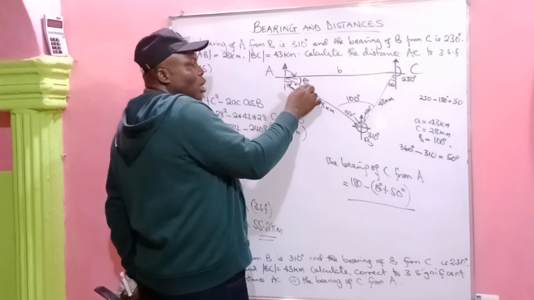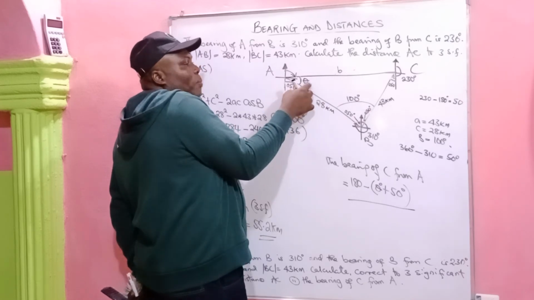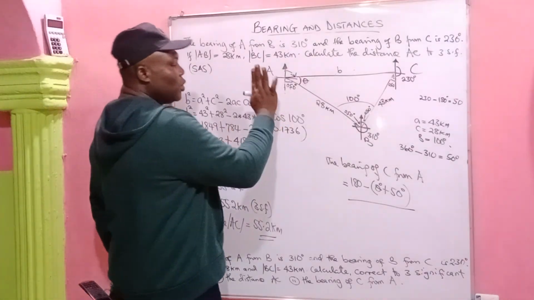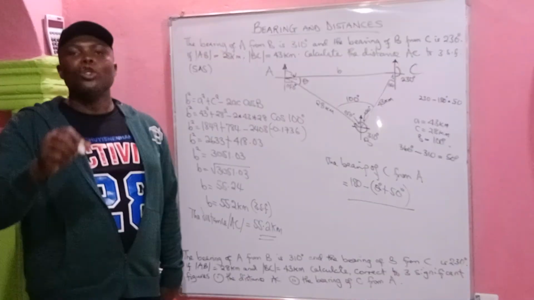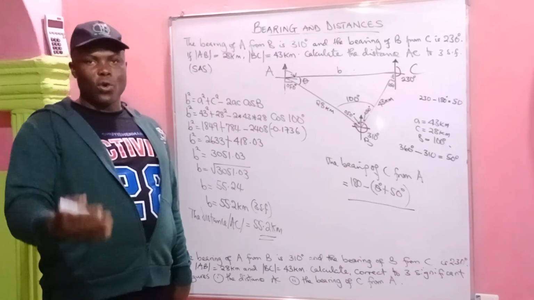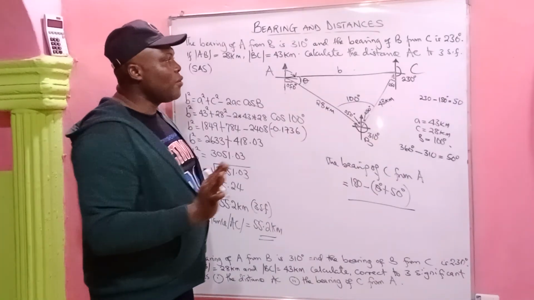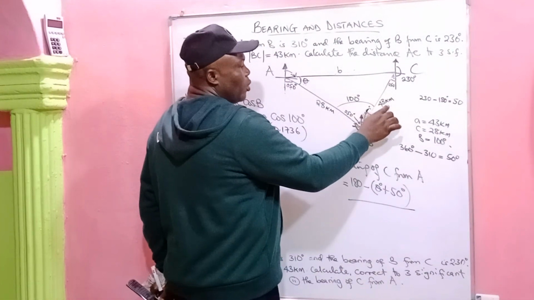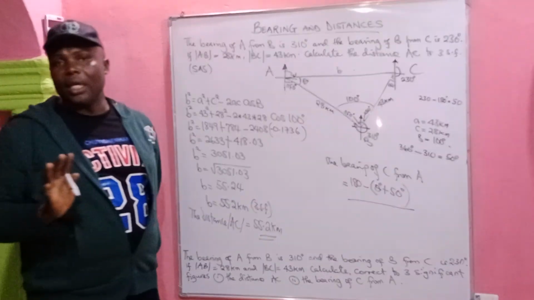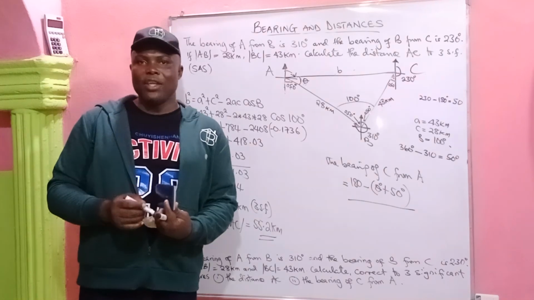So if you sum what you find as theta to 50 and then subtract from 180, you will get the bearing you're looking for. As soon as you get that bearing, please don't forget to drop it in the comment section. I'll tell you whether you're right or you're wrong. It's simple. But how do you first find theta? By the use of sine rule, because you have this side giving this angle, and this side you have calculated.